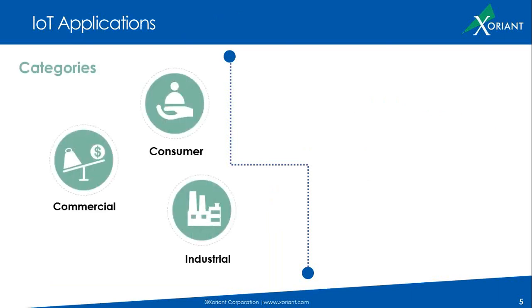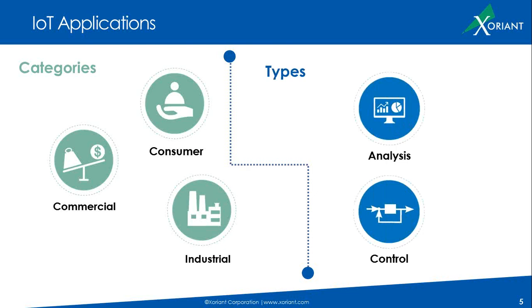The screen which you see here now, IoT applications. So first I'd like to discuss the different categories of applications. And pretty much now it's not just in the consumer side of things, but even on the commercial and industrial, where between organization to organization the applications are there in place. And apart from categories, you could briefly break your IoT applications into two types roughly, which are shown here.